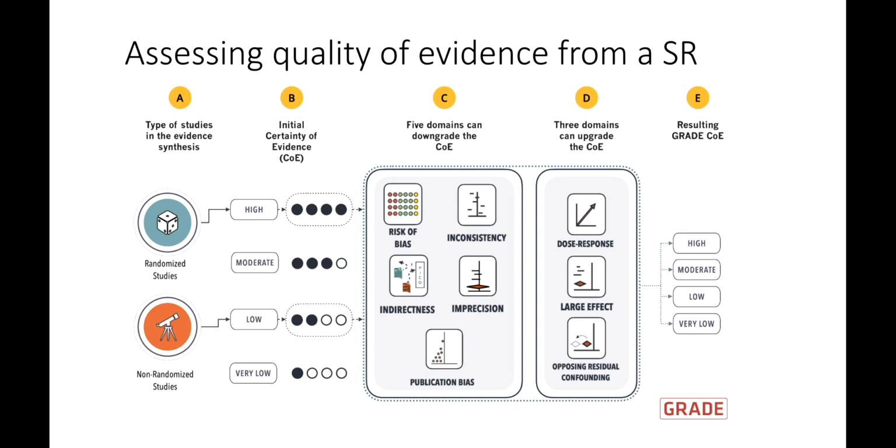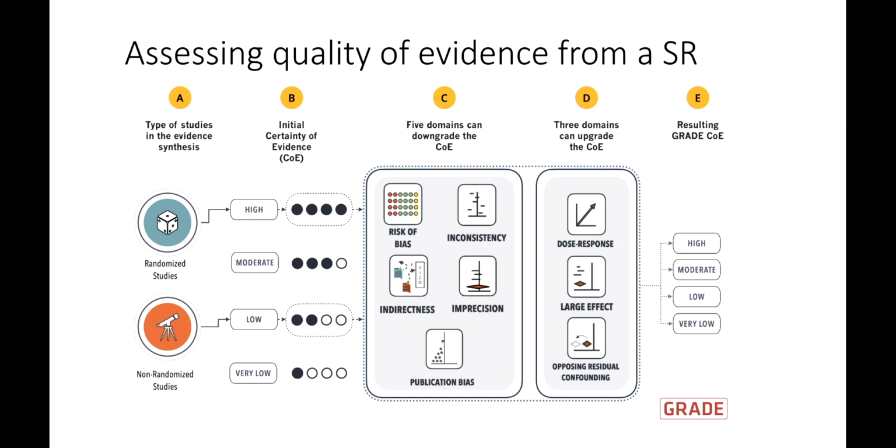But there's also a reason to go up if there's a dose-response relationship, if there's a large effect, and if all residual confounding has been assessed. You see, like, okay, these trials have assessed all possible confounders, then we can up the quality of evidence, and we finally land at one of these 4 categories.